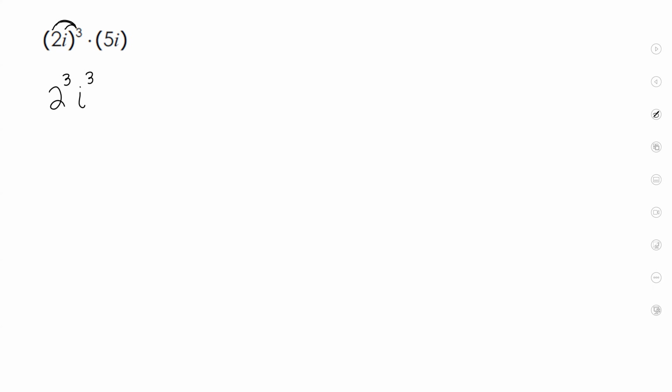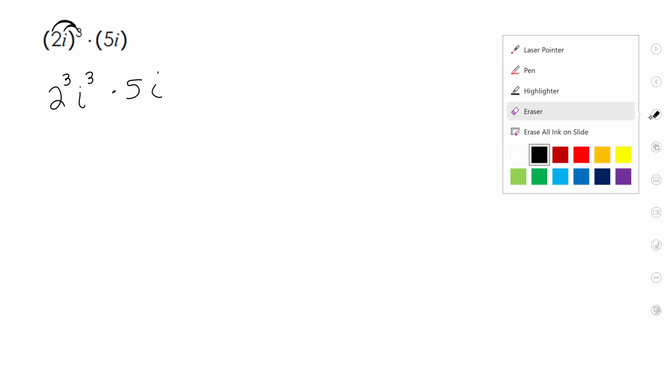This 3 goes to the 2 and the I, so it will look like this, times 5I. 2 to the power of 3 means 2 times 2 times 2. 2 times 2 is 4, times another 2 is 8. So 2 cubed is 8. So let me write that. So 2 cubed, I get an 8.